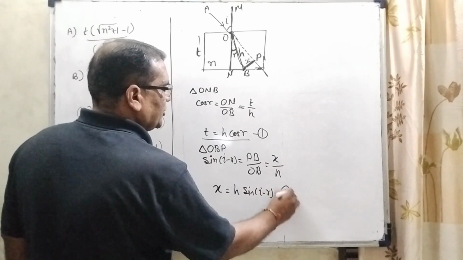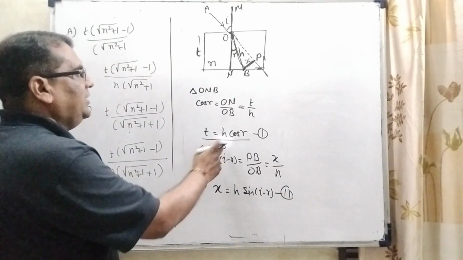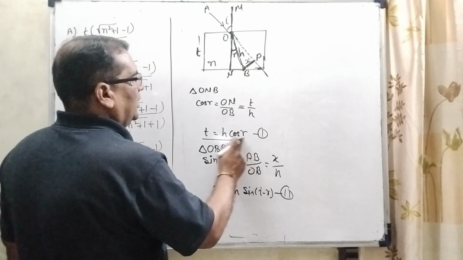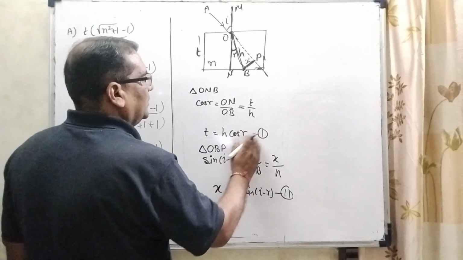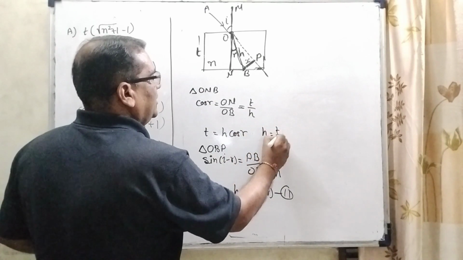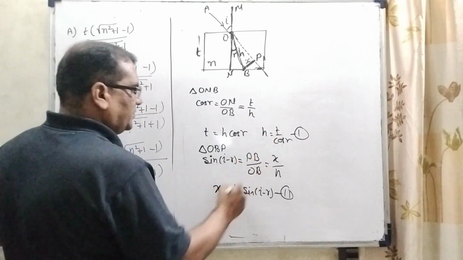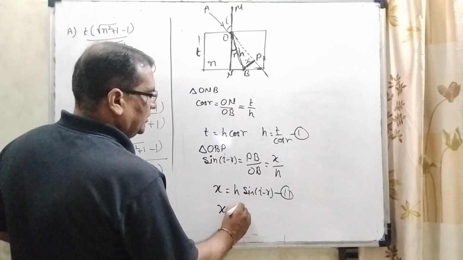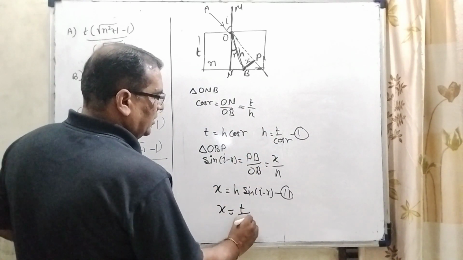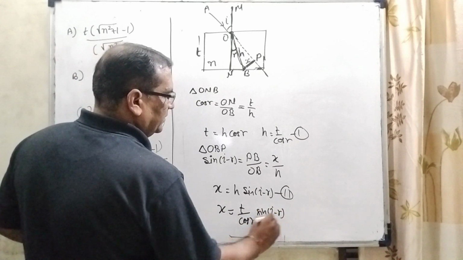That is the second equation. Now substitute the value of h. From the first equation, h can be written as t by cos r. So now substituting, x equals t by cos r times sine of i minus r.